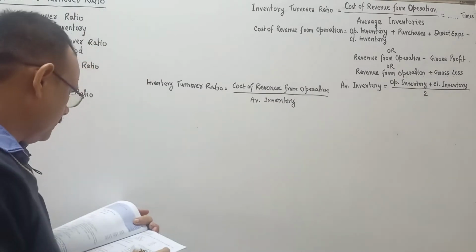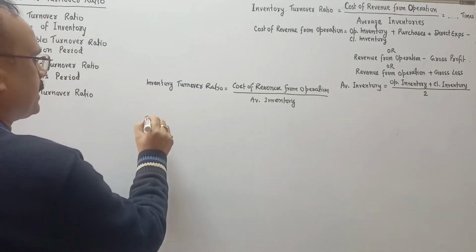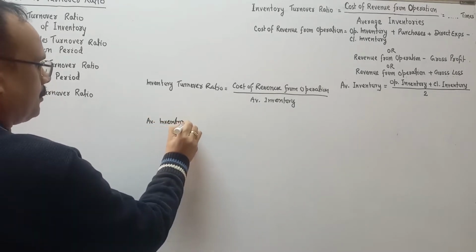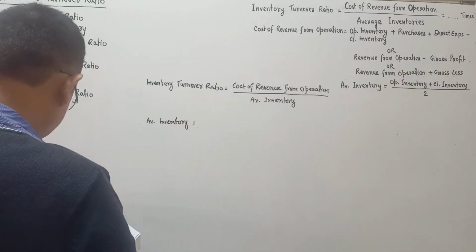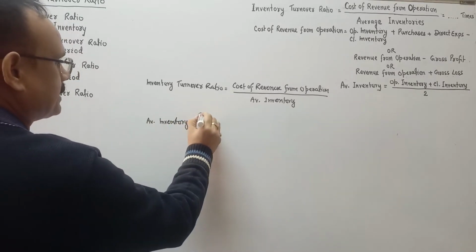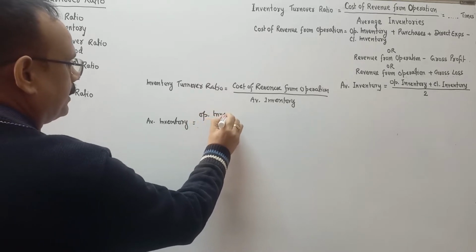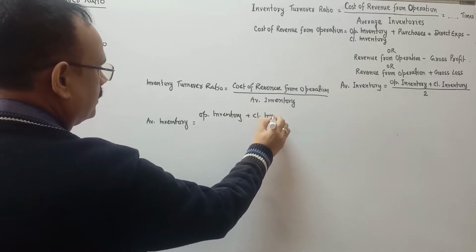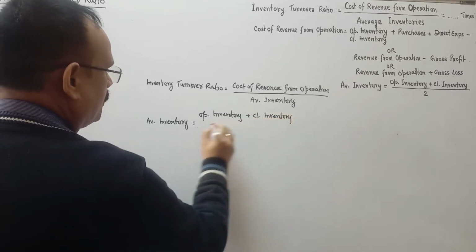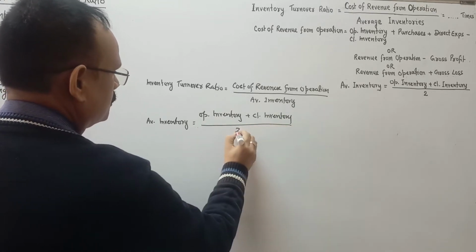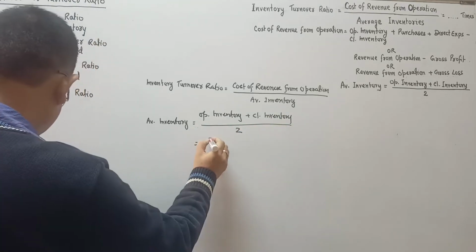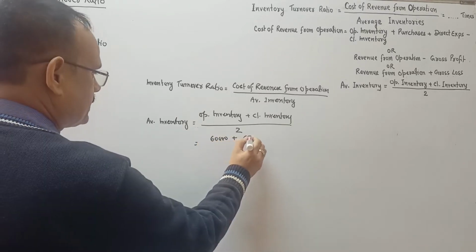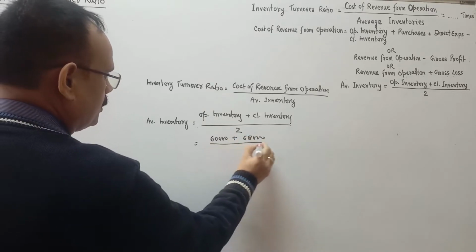Here in this question, average inventory can easily be calculated. Average inventory is opening inventory plus closing inventory upon 2. In note number 1, opening inventory is given as 60,000, plus closing is 68,000, upon 2.